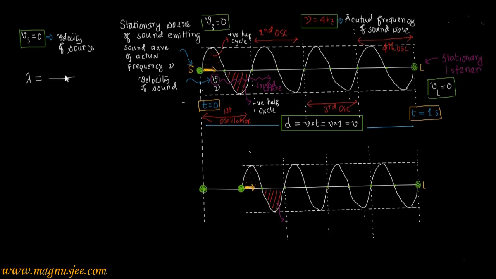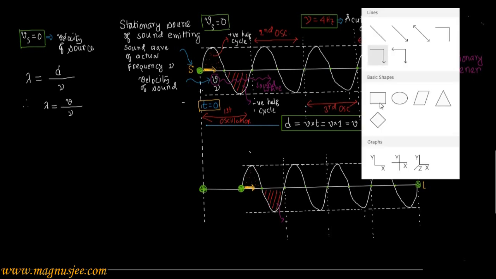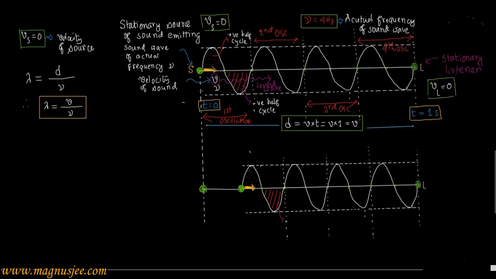Lambda is the actual wavelength of the sound wave, which is equal to the total distance divided by the frequency, and in 1 second obviously the distance d is equal to v. That's why lambda will be equal to v by nu.